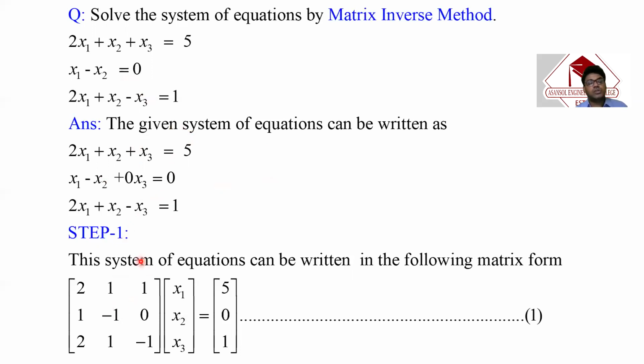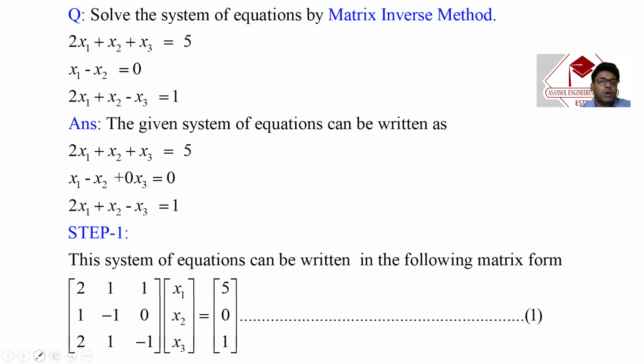Okay, now step number 1. In step number 1, what do you do? You have to rewrite the system of equations in matrix form. Now this is the coefficient matrix. The first column comes from the coefficients of x1: 2, 1, 2. Coefficients of x2: 1, minus 1, 1.